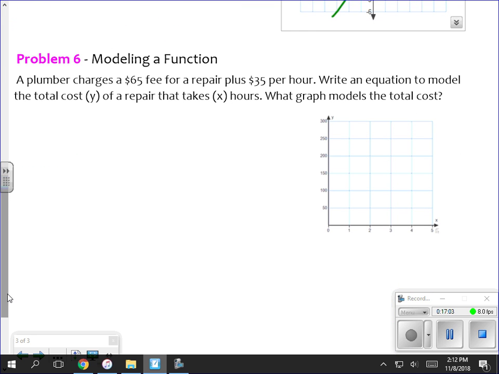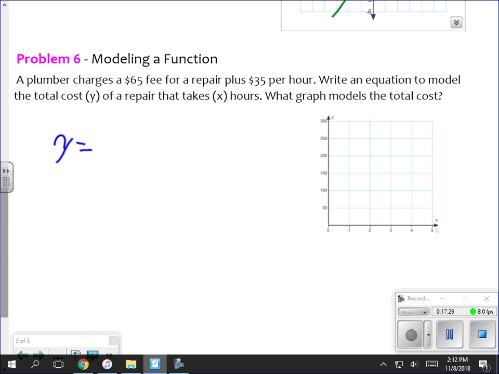And then last but not least, a plumber charges a $65 fee for repair plus $35 an hour. Write an equation to model the total cost of the repair, and that takes x hours. So it's going to be cost, which is y, equals, and we'll put it in mx plus b form.